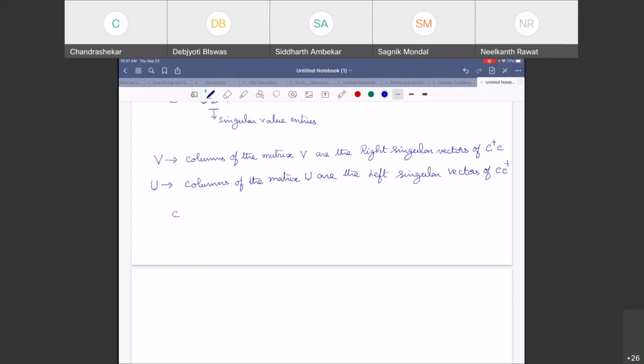So you can see this using this. If you have C dagger C, you can write C and C dagger in this form. So this for C dagger, then you have V D D V dagger, and then C C dagger is U D D U dagger.